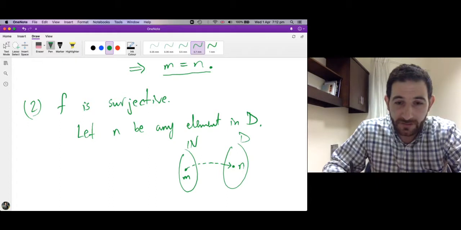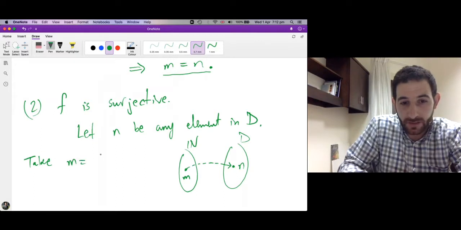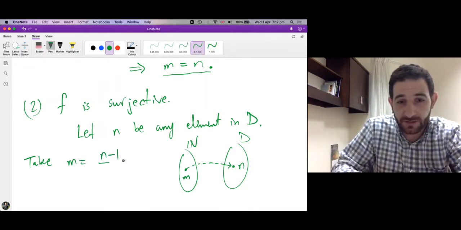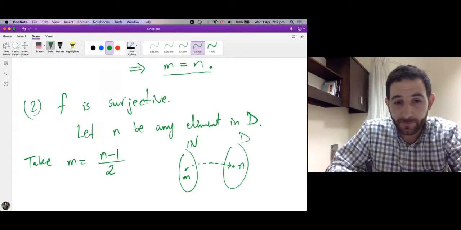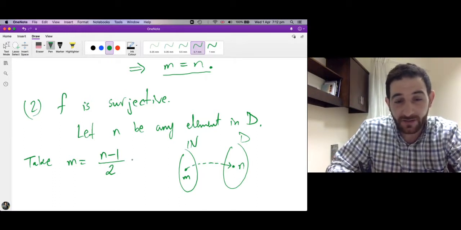Okay, we've seen that. Take m to be (n minus 1) over 2. Since n is odd, n minus 1 is even, and so when we divide by 2, we get a non-negative whole number.